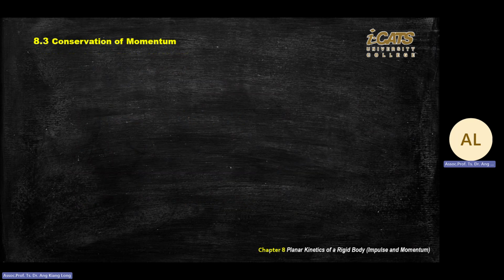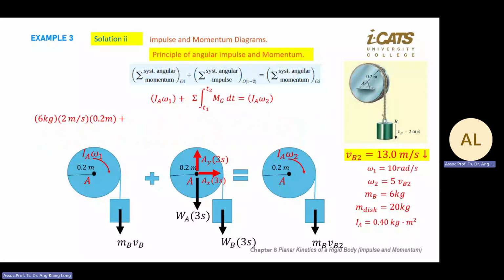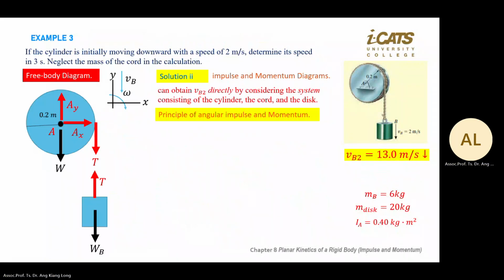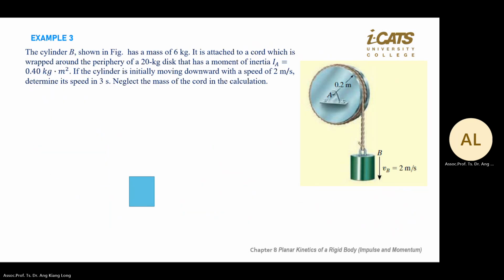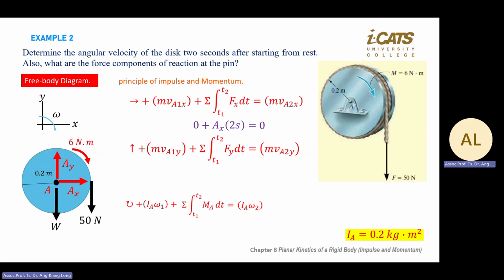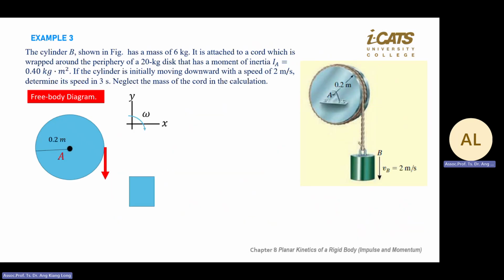What does it mean? If you refer to these three equations, the integral part is 0. So mv1 equals mv2, I omega 1 equals I omega 2. You need this conservation for your test 2. Last question.